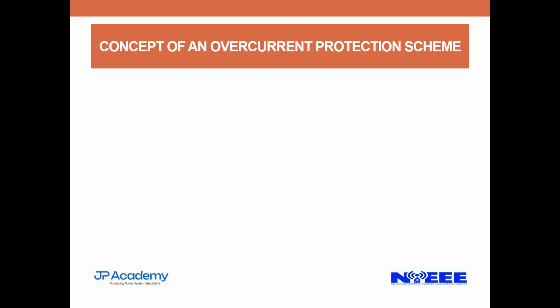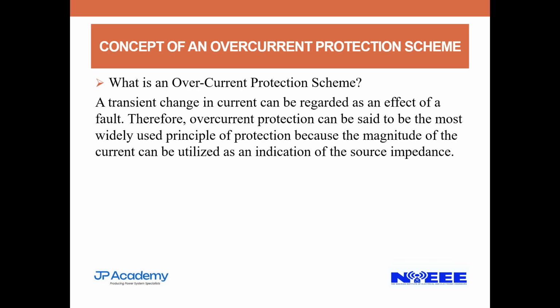When we talk about overcurrent, as the name implies, once the current is above the set point, it is termed overcurrent. So a transient change in current can actually be regarded as an effect of a fault.